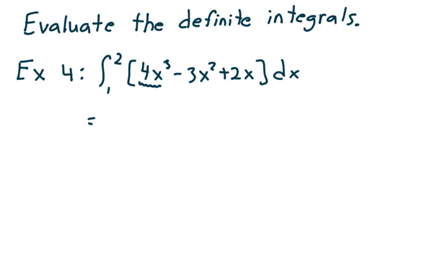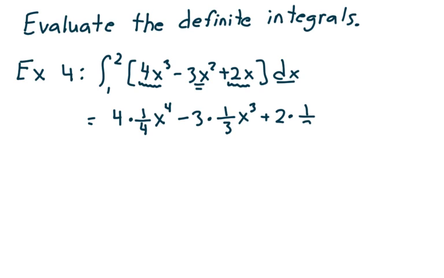Here, let's do this. Let's make sure we're okay. So I'm going to take 4 times 1/4 x to the 4th minus 3 times the integral of x squared dx is 1/3 x cubed plus, now here I'm going to write 2 times 1/2 x squared, and I'm going to evaluate from 1 up to 2.